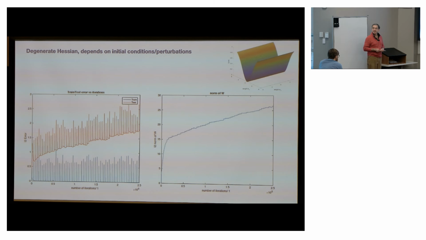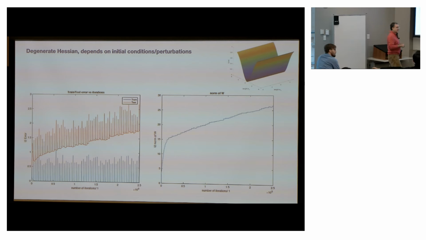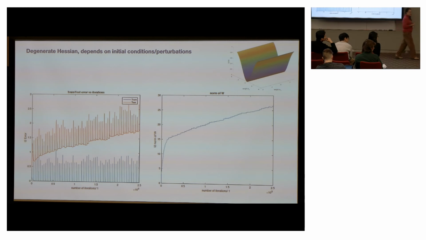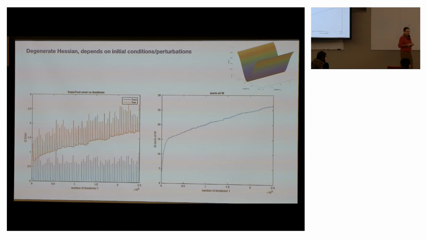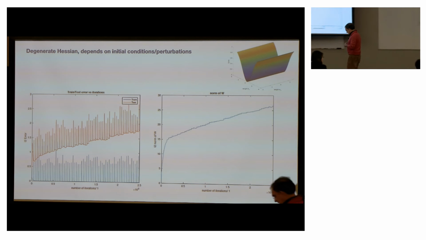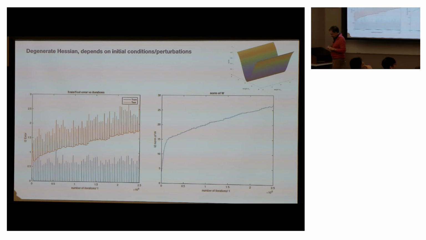Why is the test error correlated with the norm of the weights? Say again? Why does the test error increase as the norm of the weights increases? Well, that's up to Sasha, right? Well, this is a linear case. You can probably write out the exact formula. There is a component that's perpendicular to the data. It makes no difference in your predictions, but you pay for it in the norm.